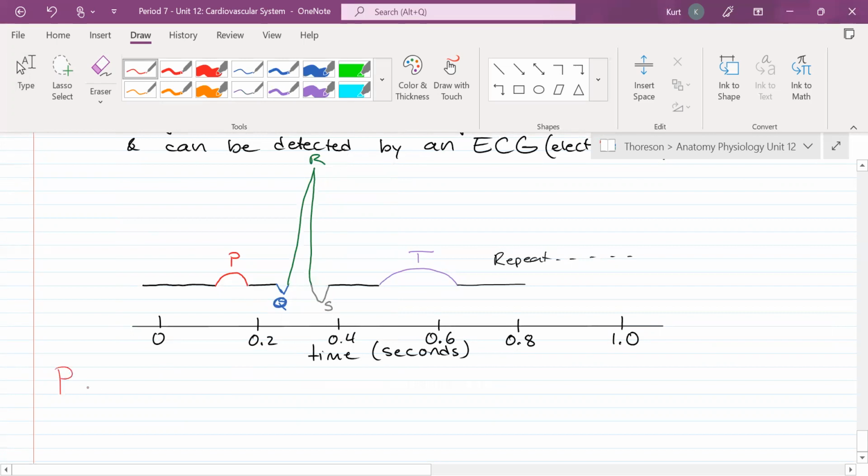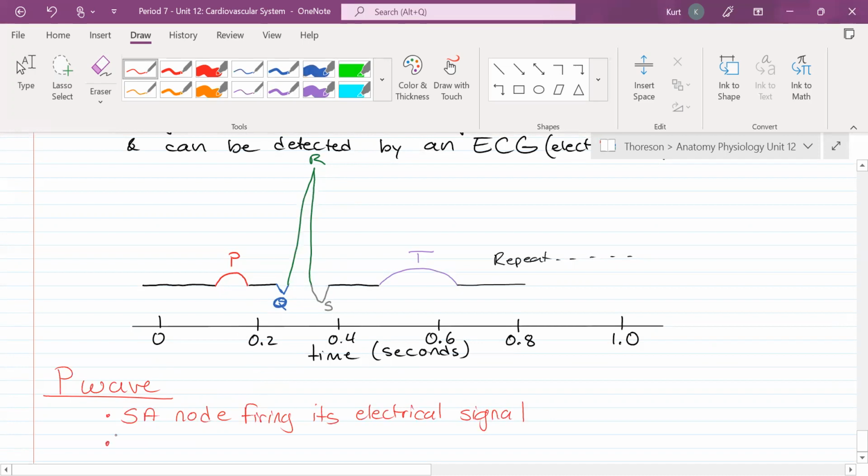So first, let's begin with a P wave. A P wave is an SA node firing its electrical signal.